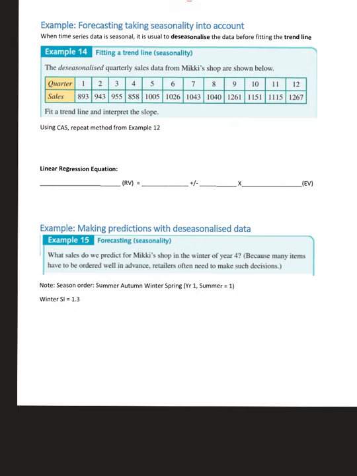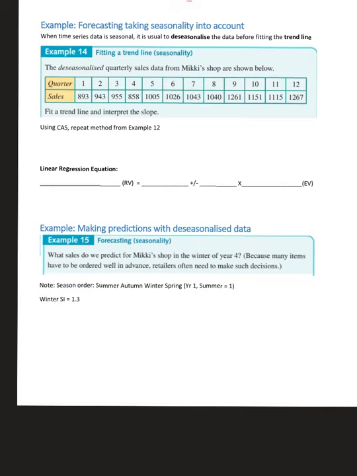If you are given actual sales and you're using that to make your equation, you will be doing prediction for actual sales with the seasonal effect in it. Alright? If you've been asked for a deseasonalised figure, you'll have to deseasonalise it. Alright? So just make sure you read the question.